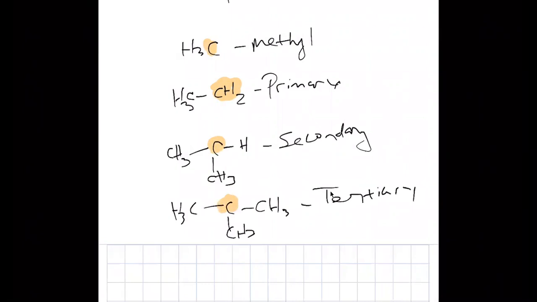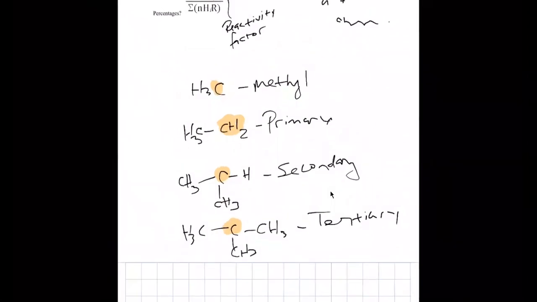In terms of carbocation, so if that carbon had a plus charge on it, in terms of carbocations, the methyl would be the worst. And then the tertiary would be the best.